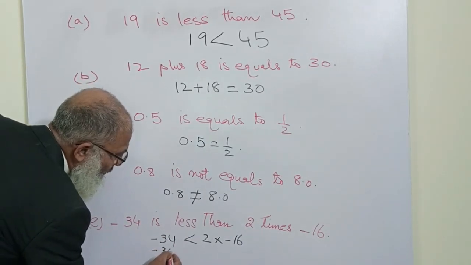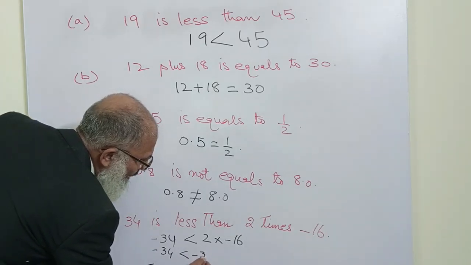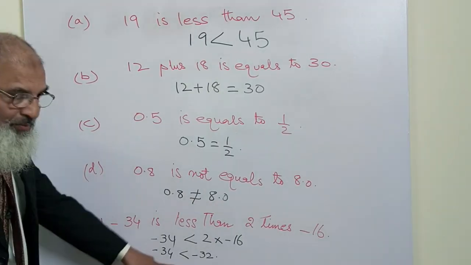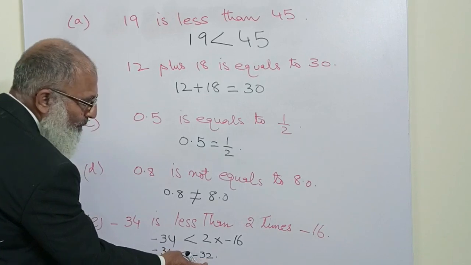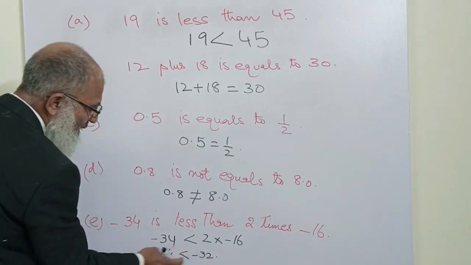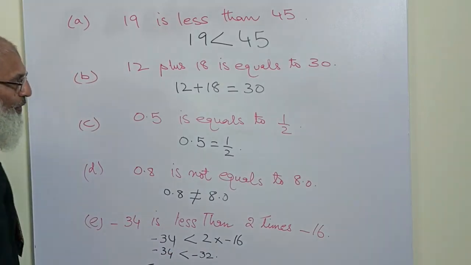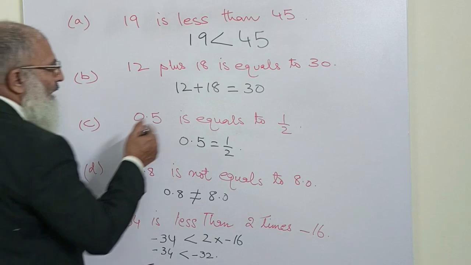Minus 34 is less than minus 32. It is correct because on the number line, minus 32 comes first, and minus 34 comes later on the negative side.